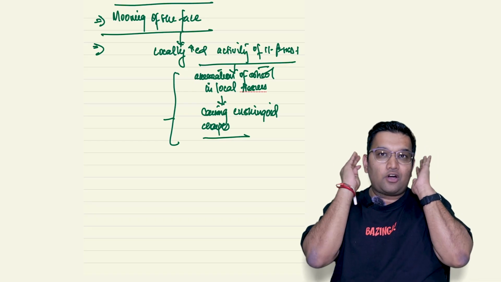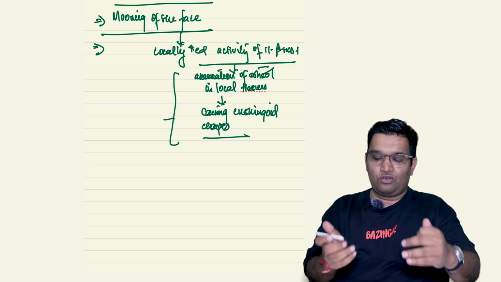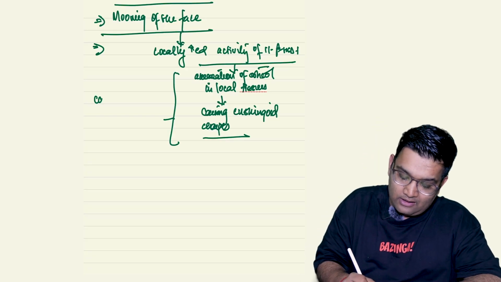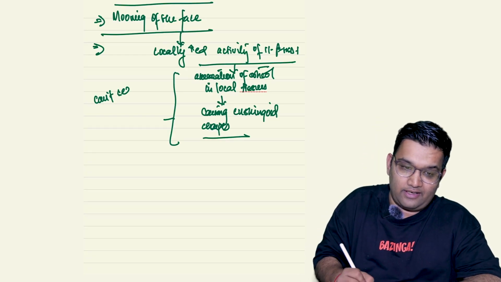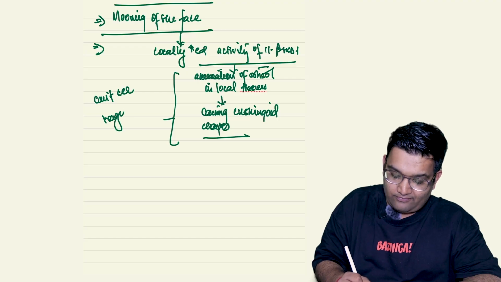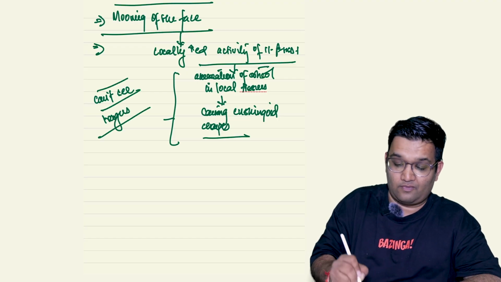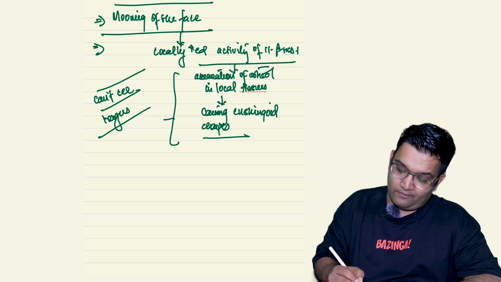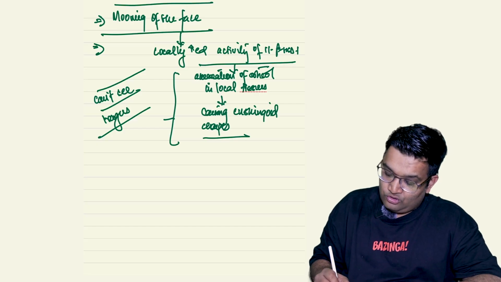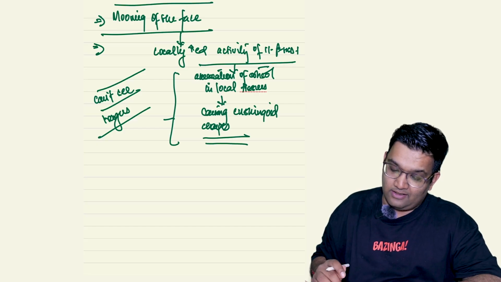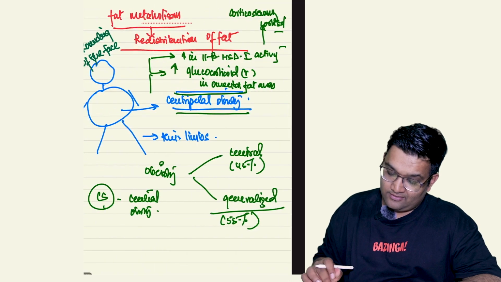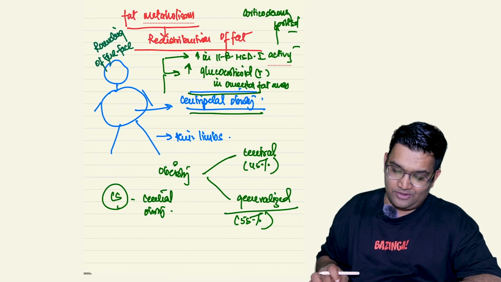The patient's tragus is not visible, there is rounding or mooning of the face. So this is the reason for the mooning of the face and central obesity.